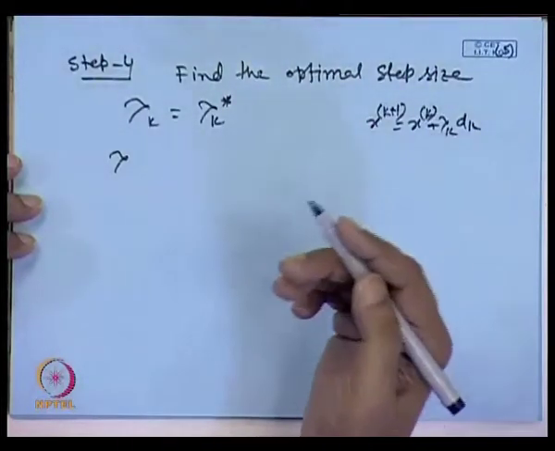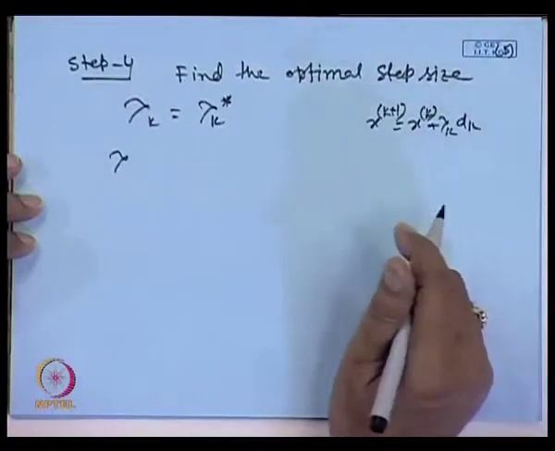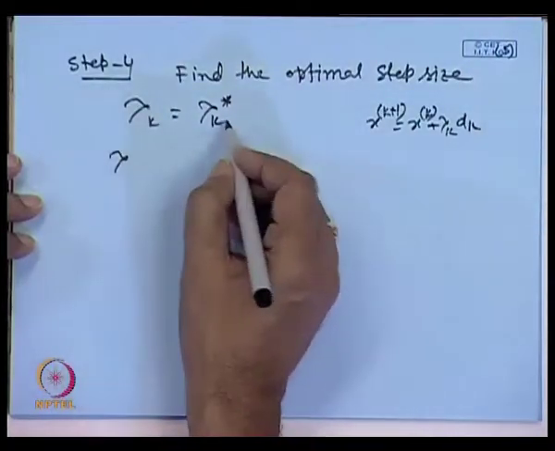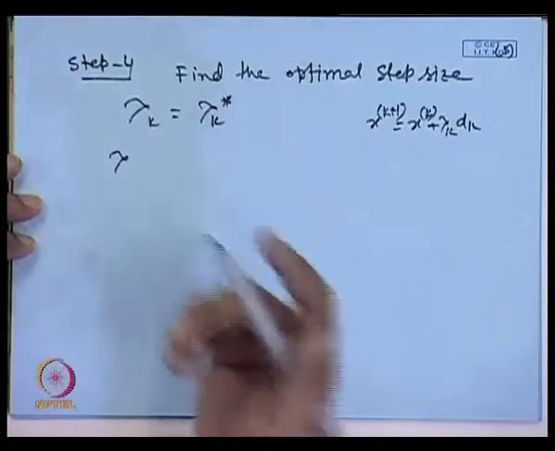So, if you differentiate this with respect to lambda and set it to 0, then you will get the lambda star value; we have done it earlier also.